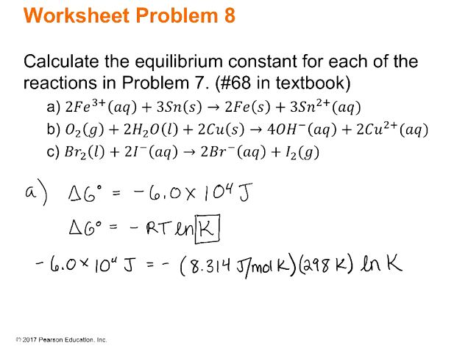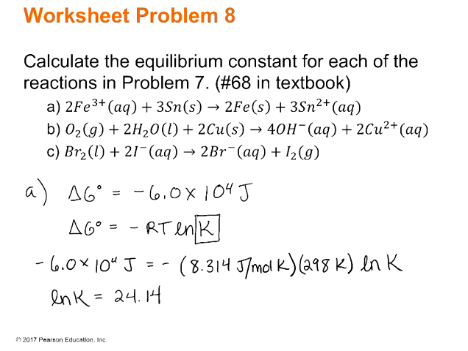All right, so if I rearrange and just solve for ln of K, we should get a value of 24.14, and that's positive. All I did there was take negative 6 times 10 to the 4th and divide it by negative 8.314 times 298.